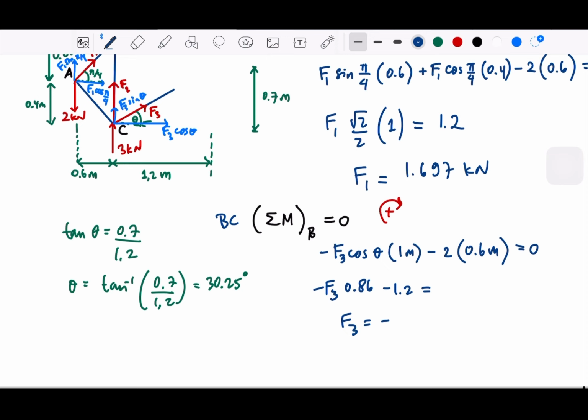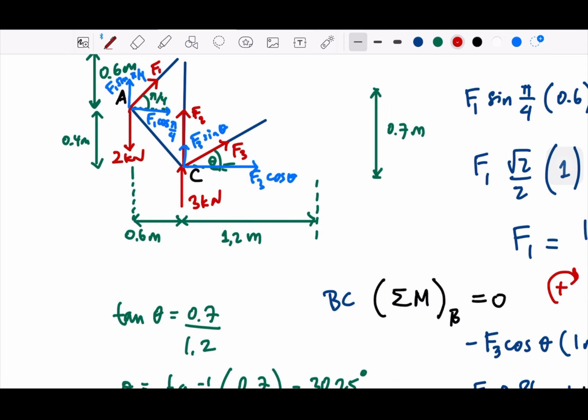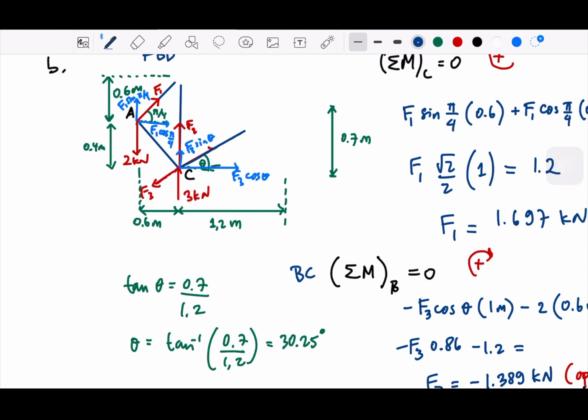So 1.2 divided with the answer is, so this means the opposite direction. So I think this is supposed to be here. This is F3, not here. Right, okay. So F3 is going there.